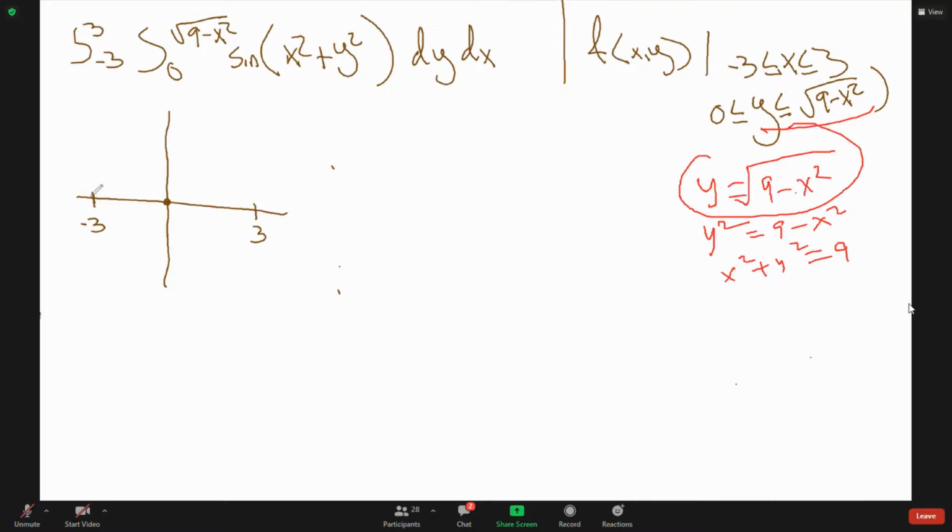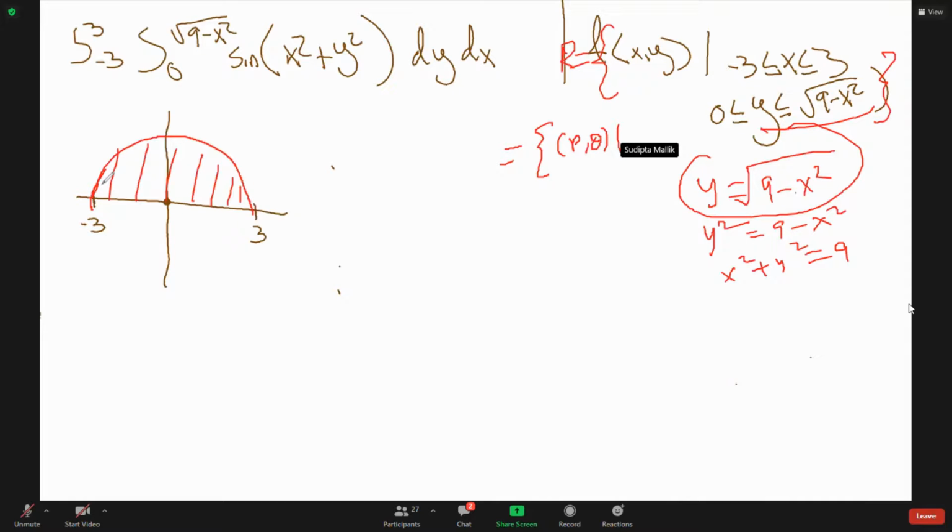So you're talking about this region. So this is your region R, write it properly. Now you have to write this in polar coordinates. So r and theta, now you have to write r between what and theta between what.